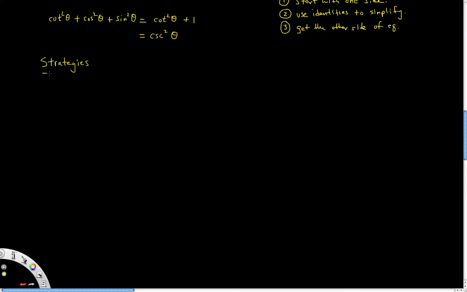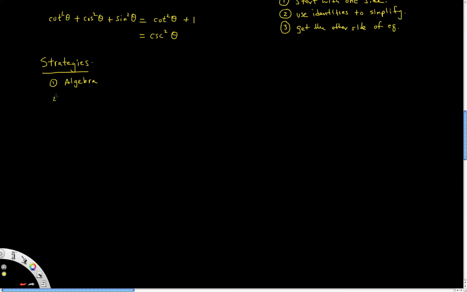strategies, right? The first is algebra. You're basically factoring, finding common denominators, doing all kinds of that stuff.